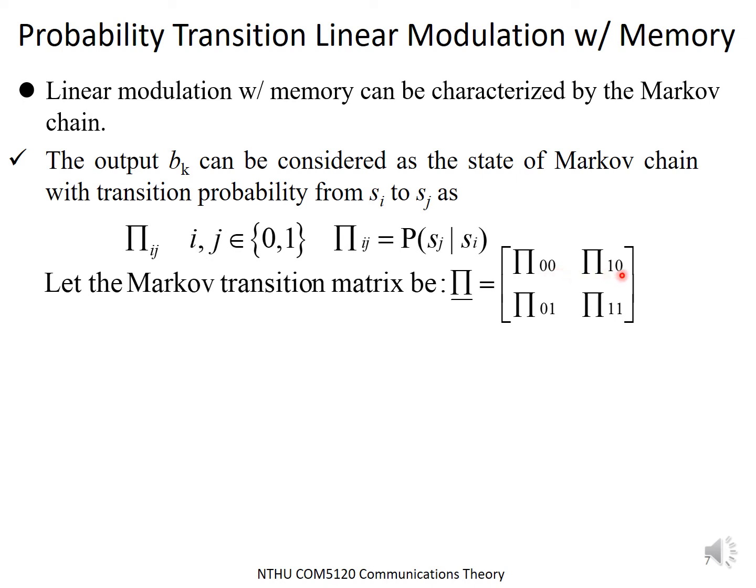And pi_01 means from state 0 to state 1, and so on, from state 1 to state 1, all the possible transition probabilities.